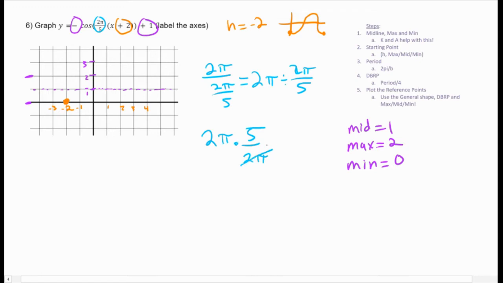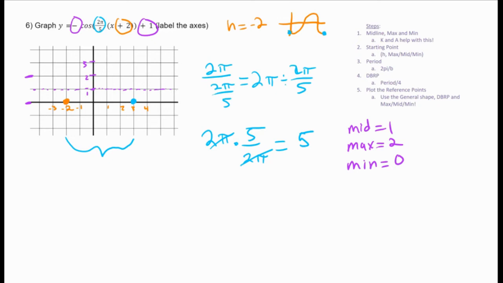And look at that, the 2 pi's cancel out. That tells me that my period is 5 units. So I'm going to go up 1, 2, 3, 4, and end here at 3. That tells me my ending point, because I know my starting and ending points are both at the minimum since it's a negative cosine.